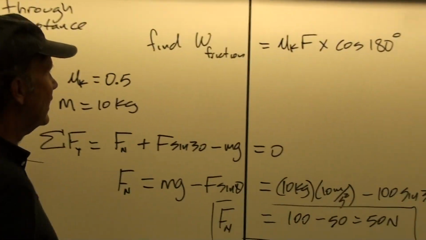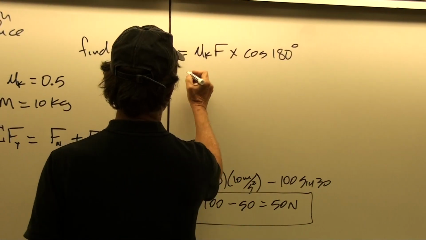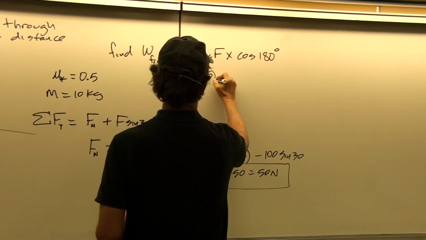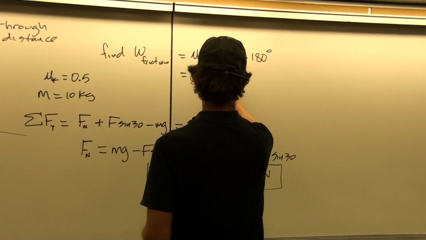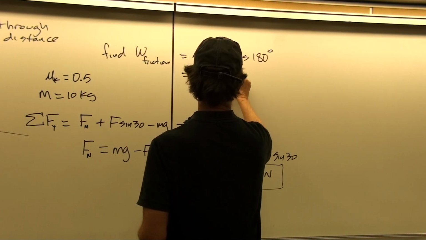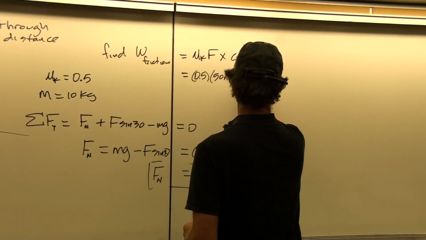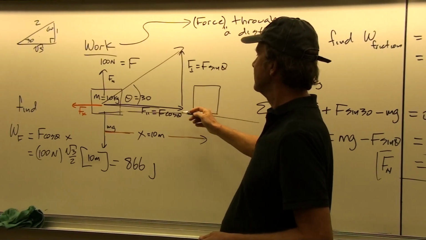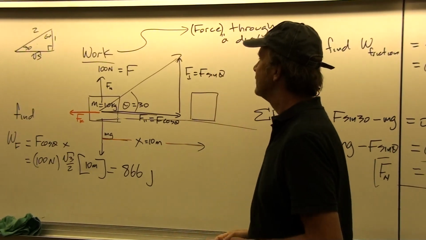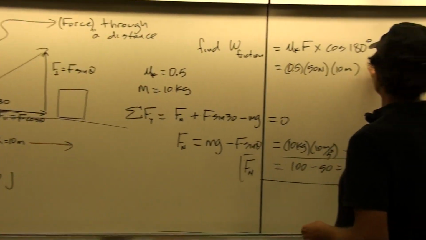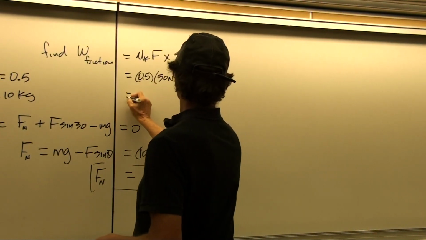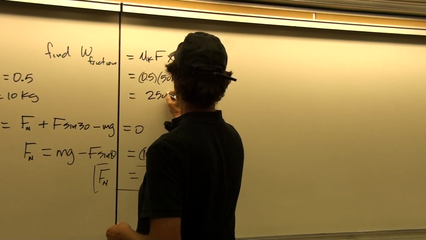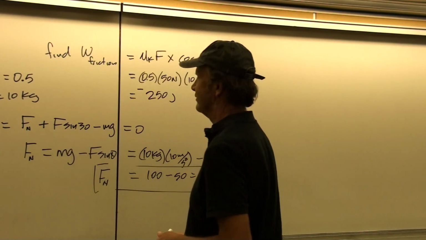And so this gives us a negative force of friction through a distance. This is equal to 0.5 for the coefficient of kinetic friction times the normal force, which is 50 newtons, times x, which is 10 meters, assuming that this thing is still moving through a 10-meter displacement while friction and this applied force are acting, times -1. All right, so that gives us 500 times 0.5 is 250 joules, but with a negative sign out in front.